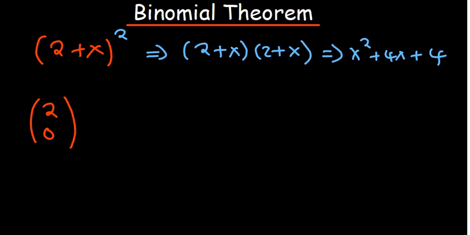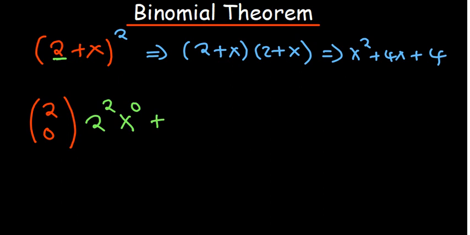The first part, our a, is 2. Now I said the power is going to be the difference between n and what you have as your binomial coefficients. So 2 minus 0 is just going to be 2. And then your b in this case is x itself, so x will be to the power 0.